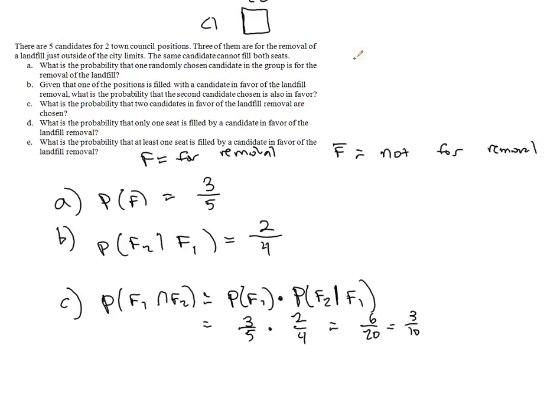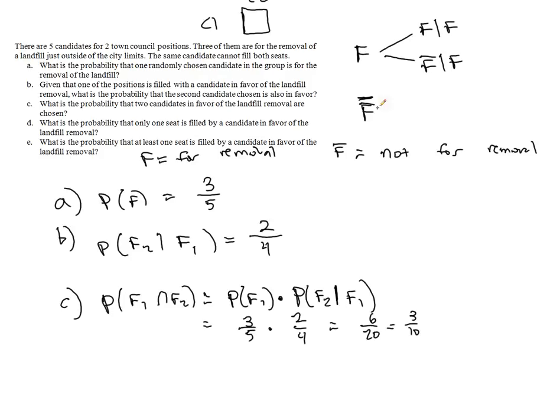But I'm going to build a little tree. The first candidate can be in favor or not in favor. If the first candidate is in favor, then the second candidate can be in favor, given that the first was in favor. Similarly, the second candidate may not be in favor.